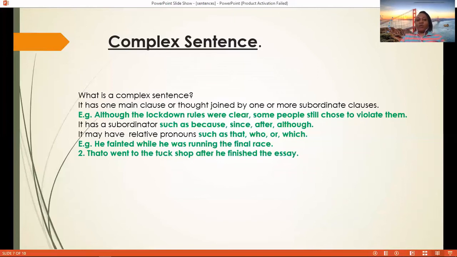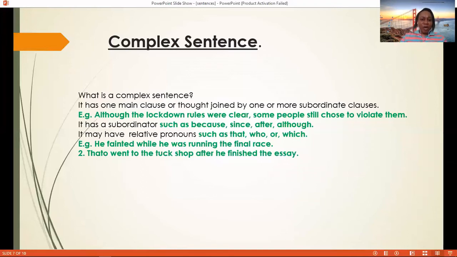If one says, although the lockdown rules were clear and they stop there, we still remain with questions. And so what? What happened? That means that clause is a subordinate clause. Then some people still chose to violate them. That can stand on its own and make sense, which means that's our main clause.